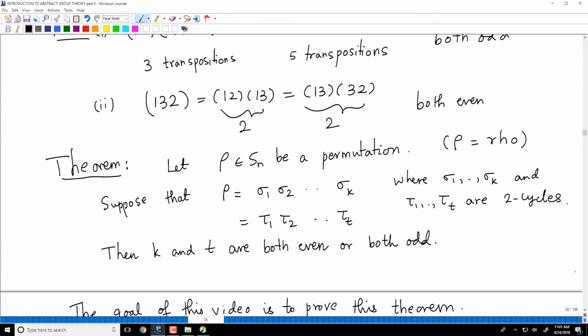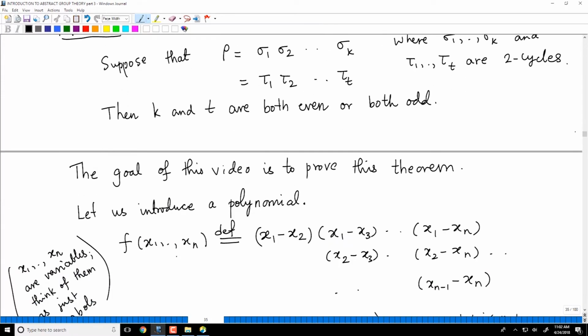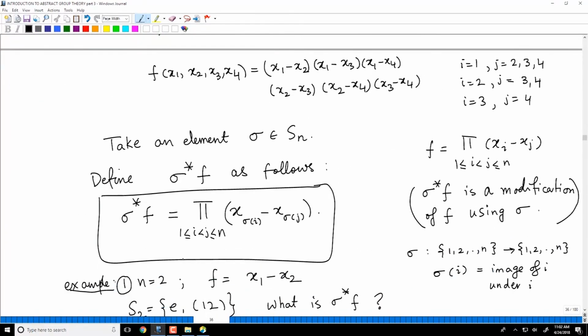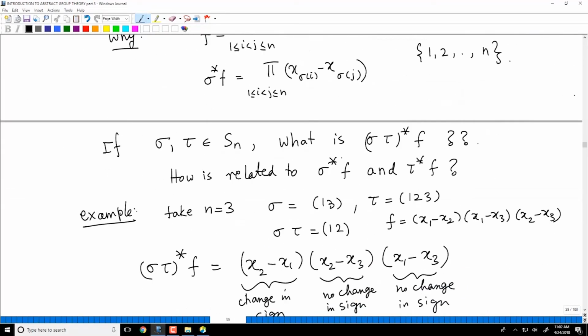If you have a permutation rho and you have two different representations as a product of transpositions, sigma_i are 2 cycles, tau_j are 2 cycles, then k and t are both even or both odd. And in order to do this, let me recap what we have done so far. We have defined a polynomial and we have defined the modification of that polynomial via an element of the symmetric group, sigma star f, and I looked at various examples to explain what sigma star f is.